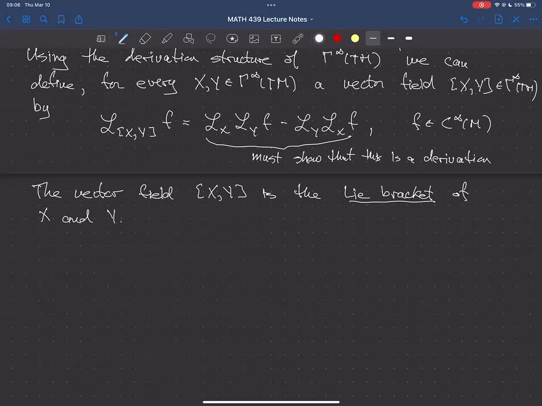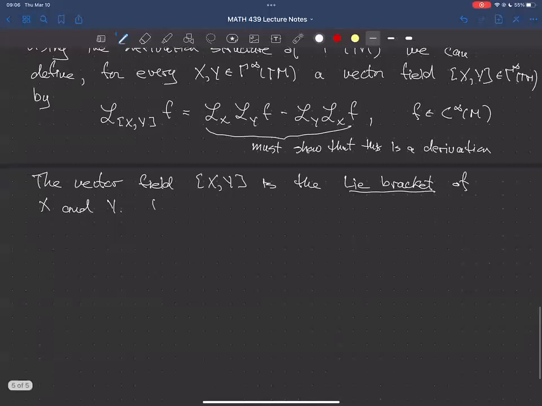Notice a couple of things. Notice that it's not commutative. The Lie bracket of x and y is not the same thing as the Lie bracket of y and x. In fact, the sign changes. Okay, so properties of this thing.